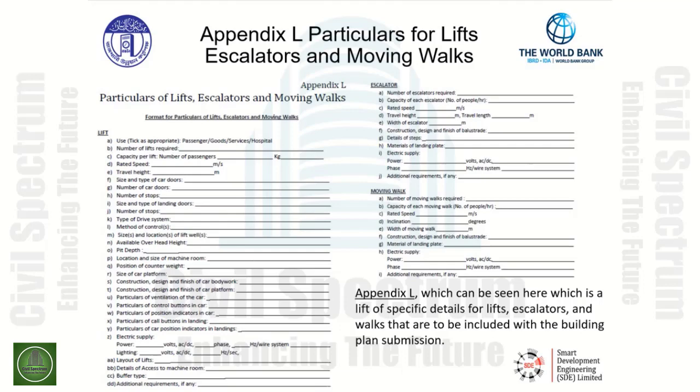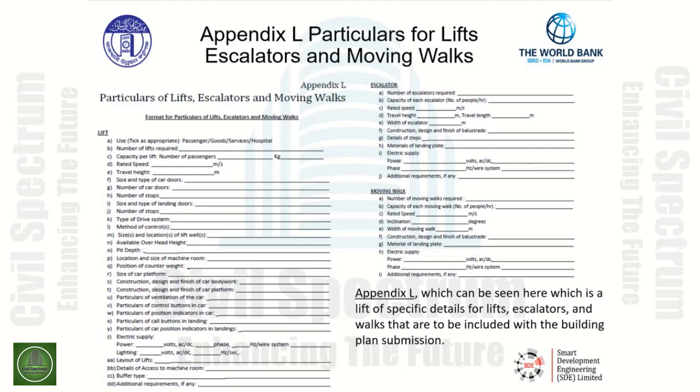That needs to be indicated in item O, as well as particulars of ventilation of the car in item U, particulars of control buttons in the car, the position indicators in the car, as well as the call buttons in the landing, and the electric supply requirements, power requirements in volts, either AC or DC, the phase, the hertz, which is cycles per second, type of wiring system, as well as the lighting is so important.